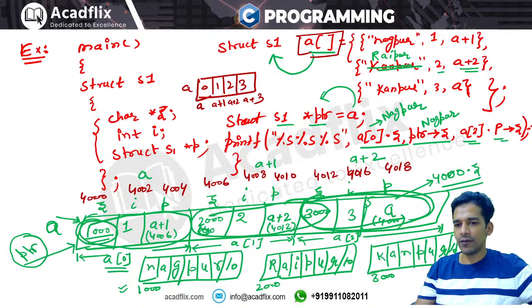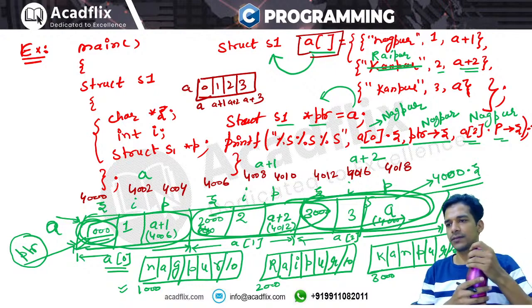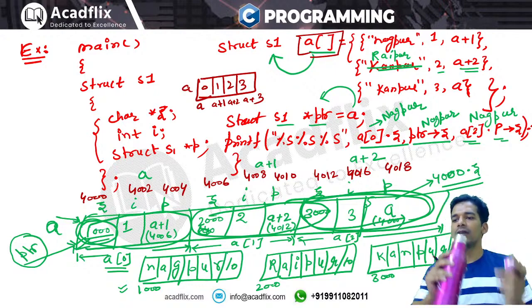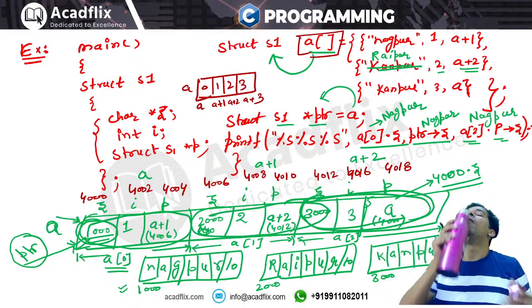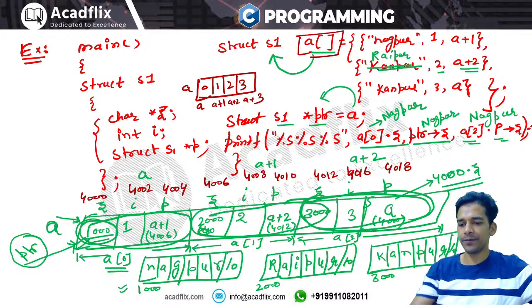So the location 4000 is this, the member z is having the address 1000, and at location 1000 we have Nagpur. That means it will print Nagpur 3 times. Okay, that's what it is saying.